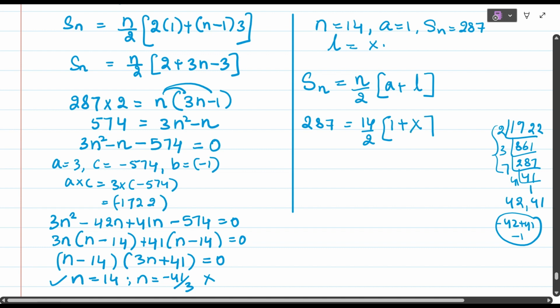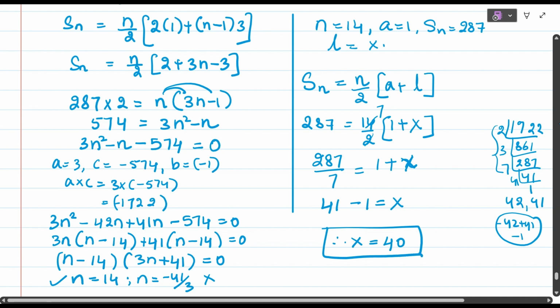Did you understand? 2 sevens are 14. So 287 divided by 7 will be equal to 1 plus x. Next, 41 minus 1 will be equal to x. Therefore, we got the value of x is 40. Did you understand, students?